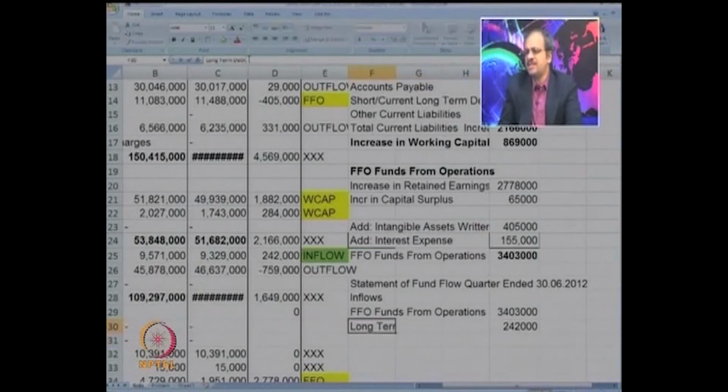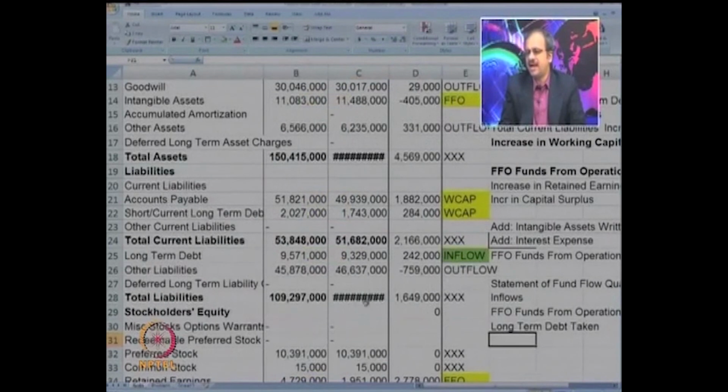What has happened is new long-term debt is taken. That's why the company has received money. I have marked it that way. You can look at the item for more clarity. Long-term debt has increased from 9329 to 9571.